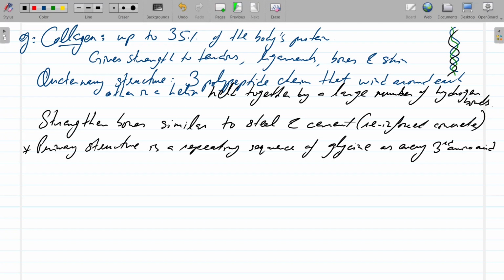They mention that it's a sequence of 3, and the other 2 also tend to be proline and hydroxyproline, but not always, so that's a tendency of repetition, but every third amino acid is glycine.